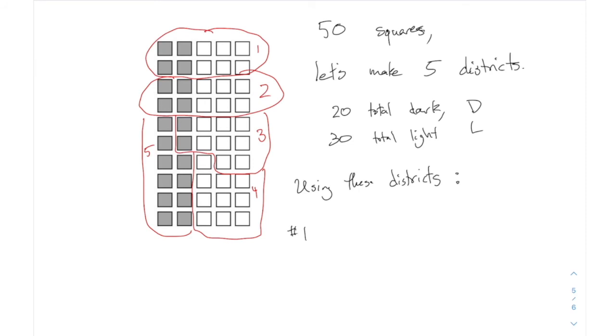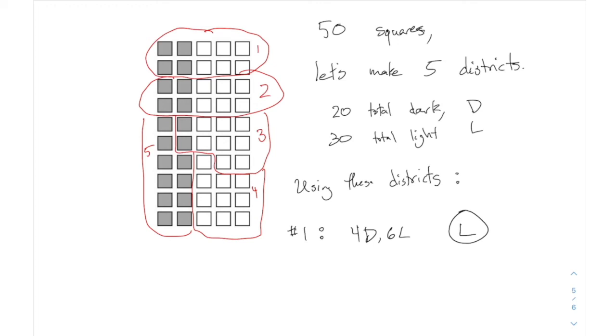For number 1, I'm just going to count up the boxes in there. I have 4 dark and 6 light. So light wins district 1, because there are 6 light ones and 4 dark ones in there.